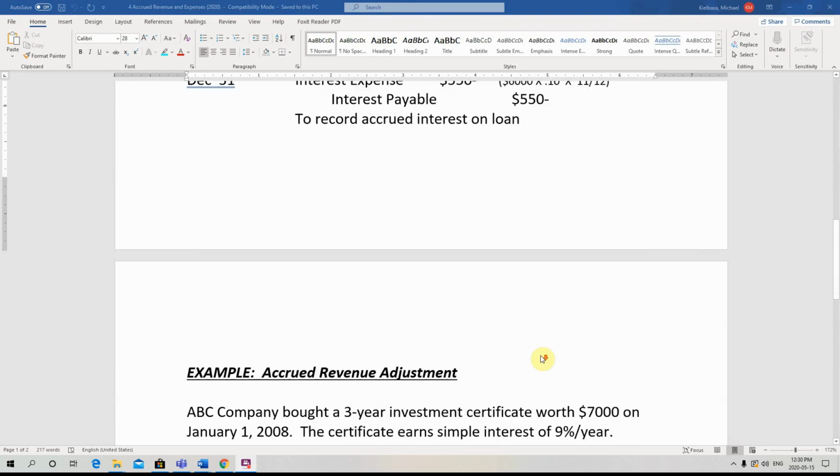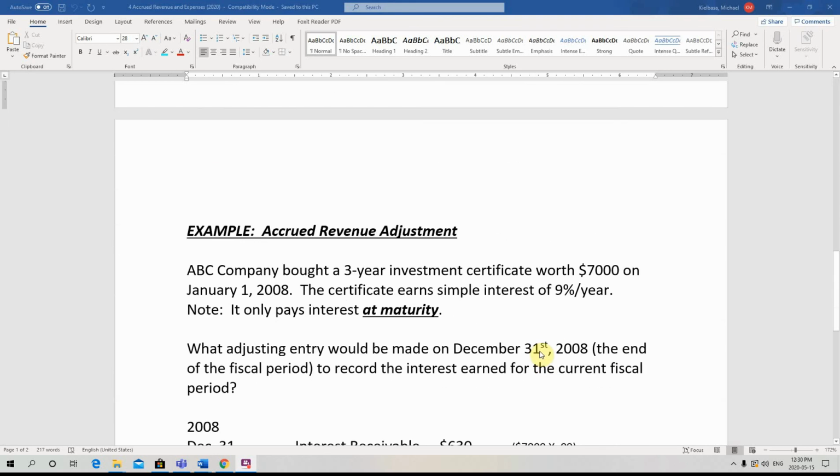All right, so let's go through an accrued revenue adjustment. So ABC bought a 3-year investment certificate worth $7,000 on January 1st, 2008. The certificate earns simple interest of 9% per year, and it only pays interest at maturity.